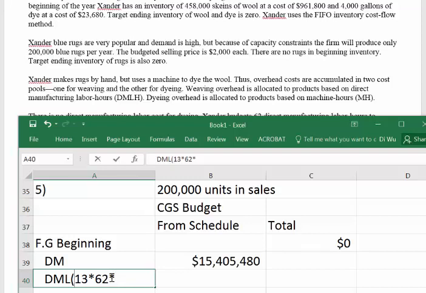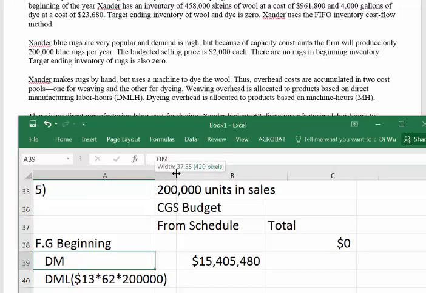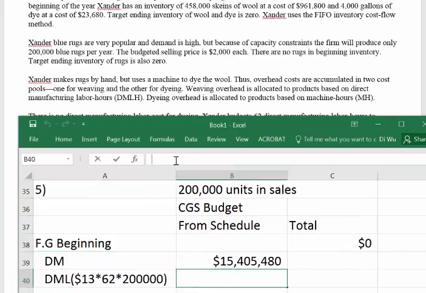So we pay $13 per manufacturing labor hour. Then we need 62 labor hours for a rack. Then we are making 200,000 racks. So you see all these numbers, right? Now we are going to formally multiply $13 by 62 manufacturing labor hours, then by 200,000 racks.